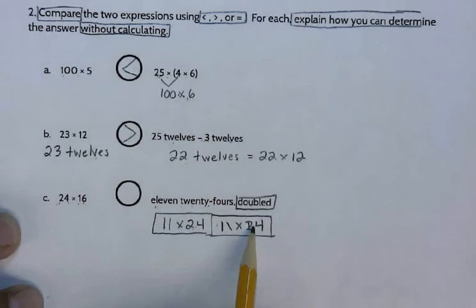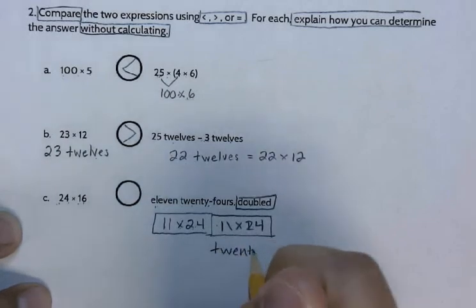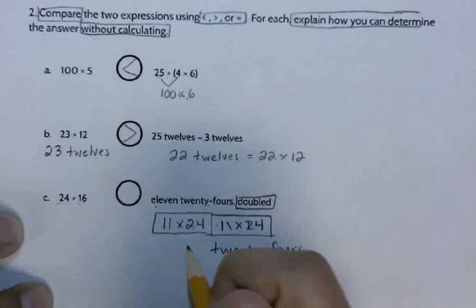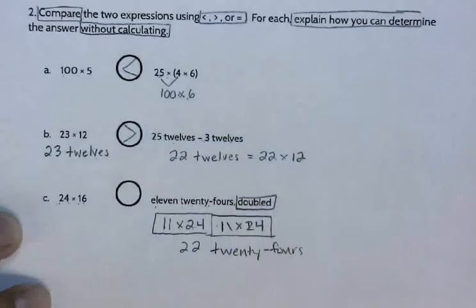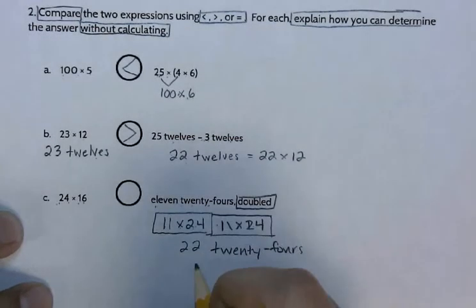Total, how many 24s do I have? I should have 22 24s, right? And what is 22 24s as a multiplication sentence? 22 times 24.